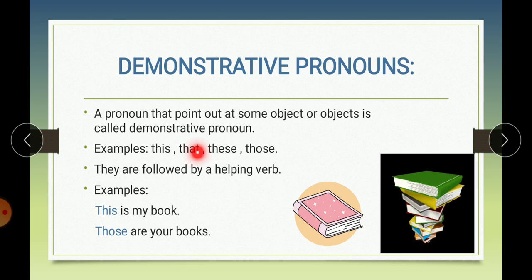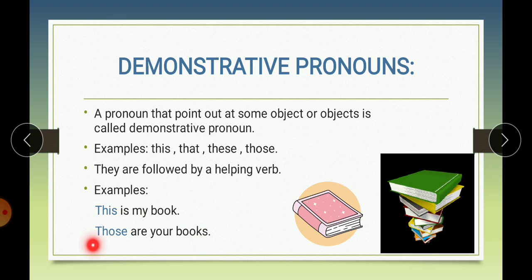This and that are used for singular nouns. These and those are used for plural nouns. Demonstrative pronouns are followed by a helping verb. हमेशा इनके बाद एक helping verb आएगा. Like, this is my book. Those are your books.